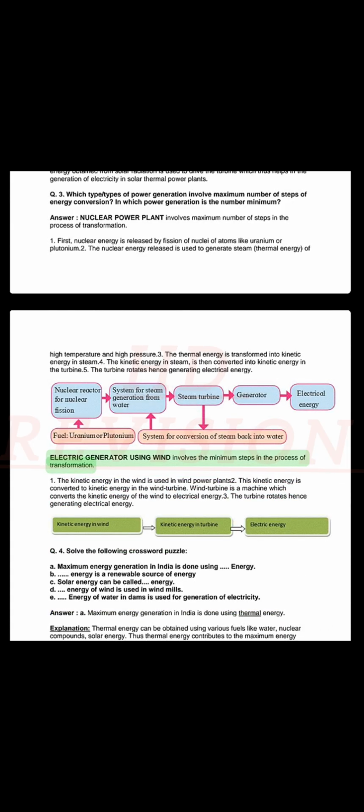3. The thermal energy is transformed into kinetic energy in steam. 4. The kinetic energy in steam is then converted into kinetic energy in the turbine. 5. The turbine rotates, hence generating electrical energy. Electricity generation using wind involves the minimum steps in the process of transformation. 1.